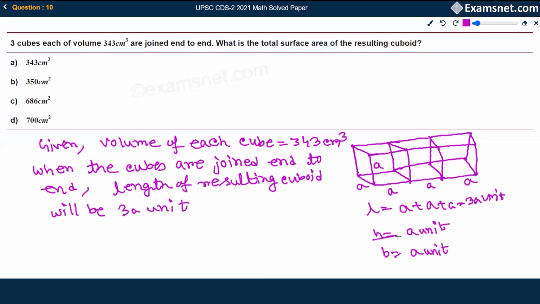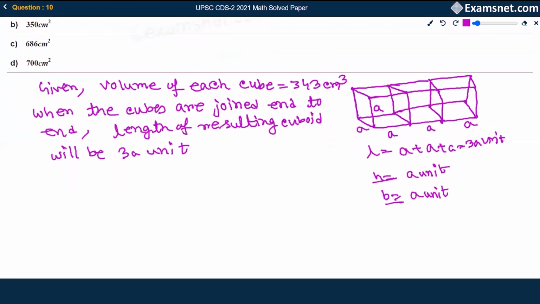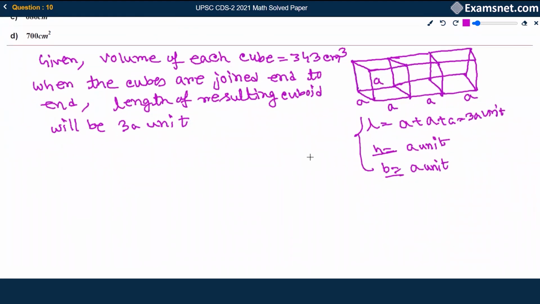Okay, and this is the height and this is the breadth. So these are the dimensions for resulting cuboid.